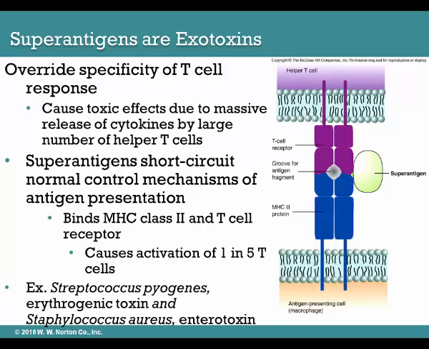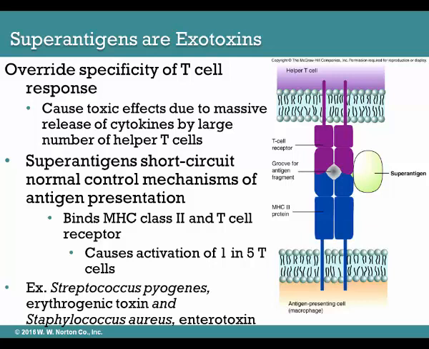And then finally, superantigens are a fourth type of exotoxin that are able to activate T cells in a non-specific way and in a much higher number than would normally be activated.